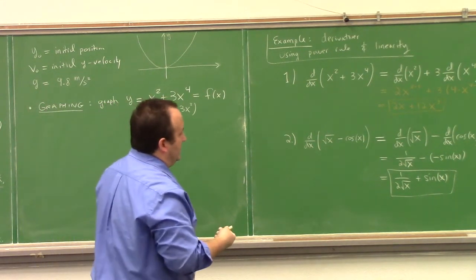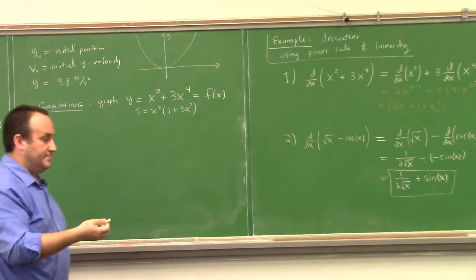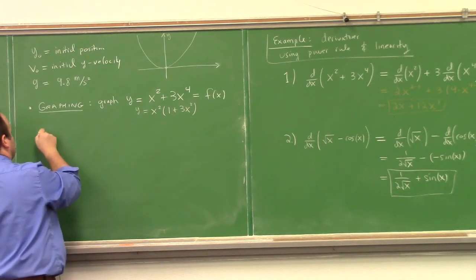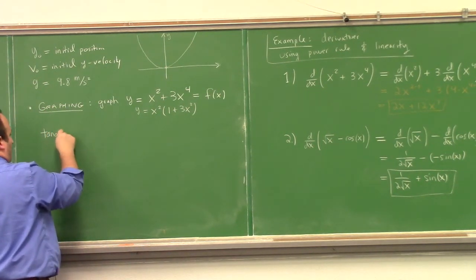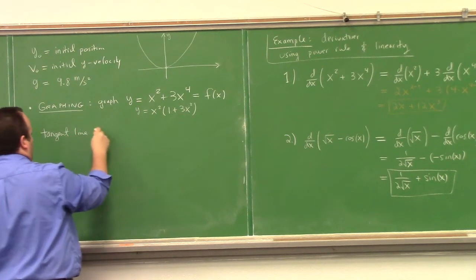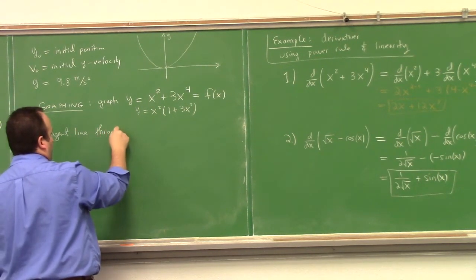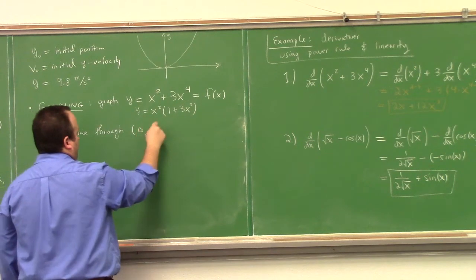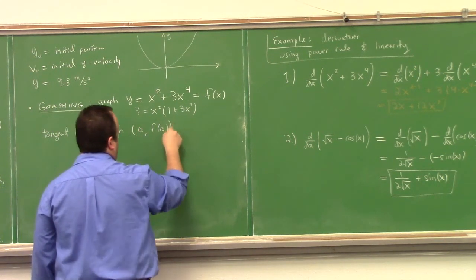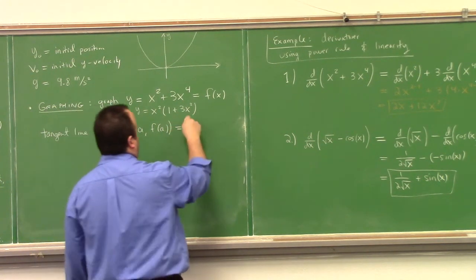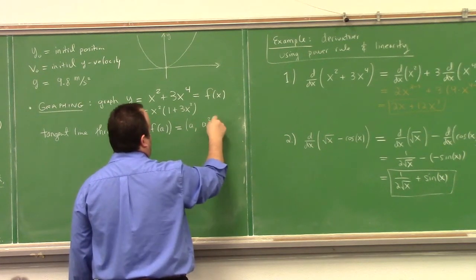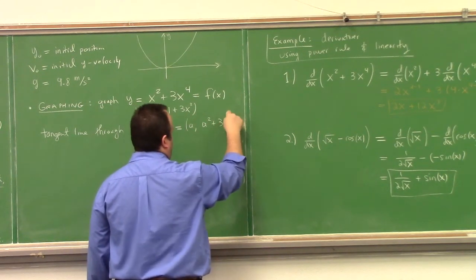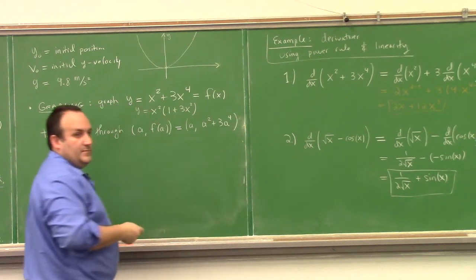I can find the tangent line through, say, a comma f of a. What would that be? So f of a is a squared plus 3a to the 4th, right, for this function. What's the derivative?